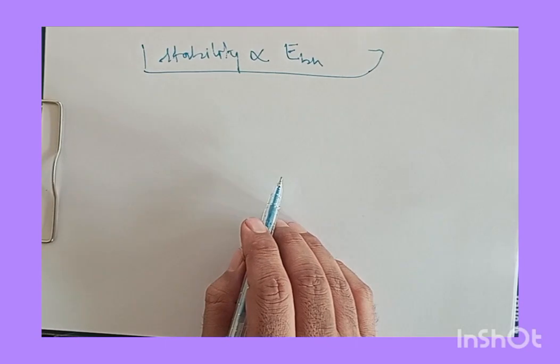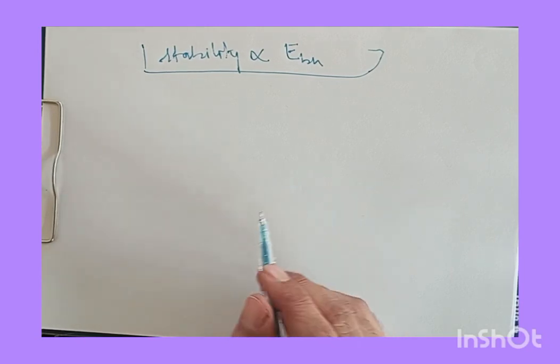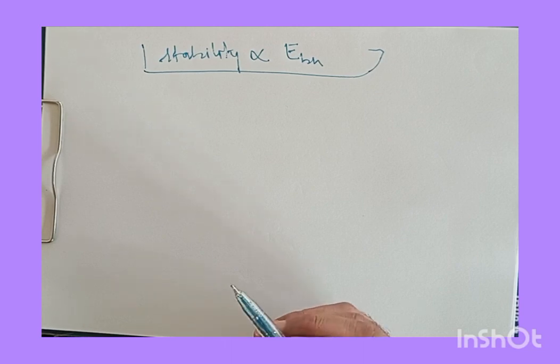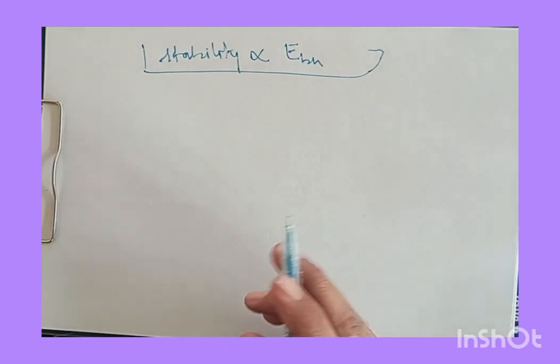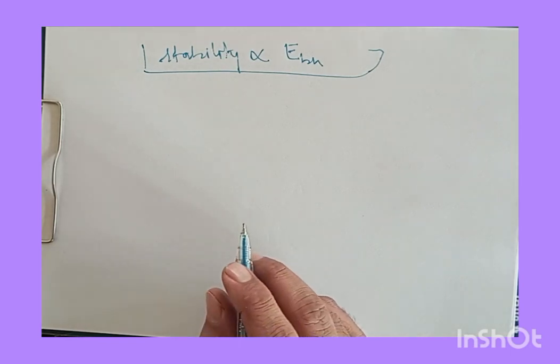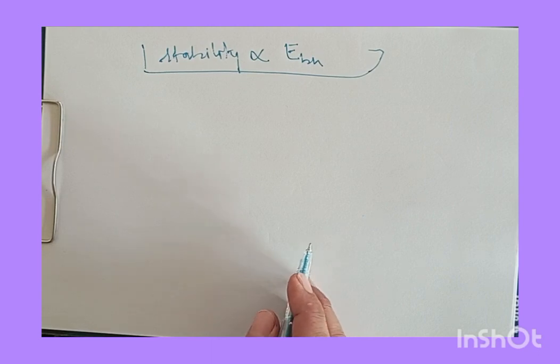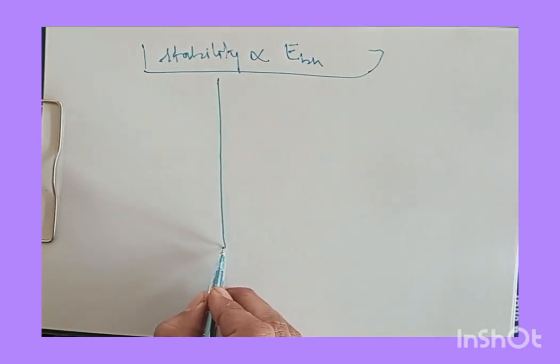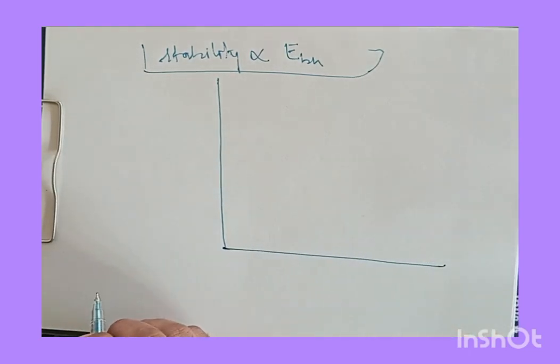Now, if the binding energy per nucleon of the nucleus is less, then the nucleus is unstable, and otherwise the nucleus is stable. So what we will try to do here is draw this binding energy per nucleon curve.